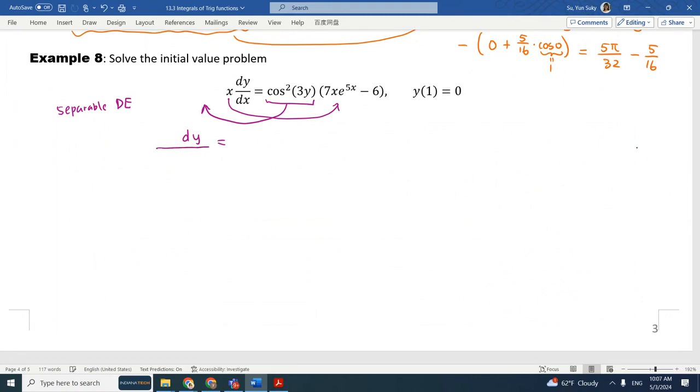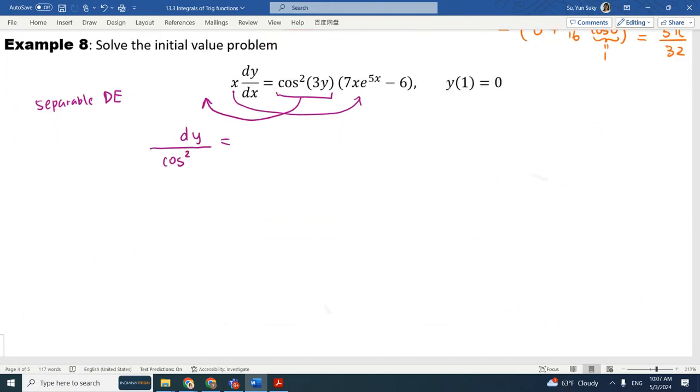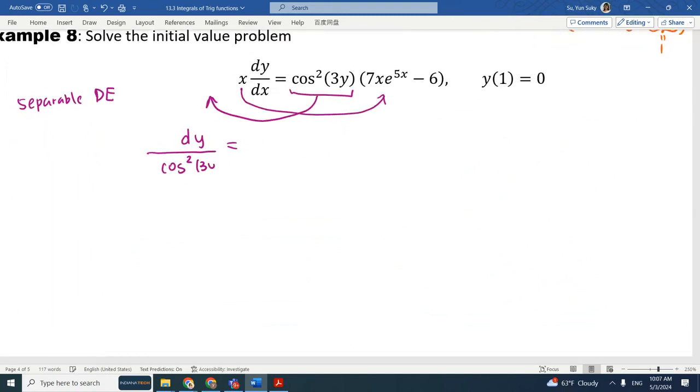So we divide by cosine squared of 3y. Then the right-hand side, we have 7x e to the 5x minus x, and we divide both sides by x and multiply by dx. Is that okay, everybody? It's a separable differential equation. So move the y to the left, move the x to the right, then we can integrate both sides respectively.